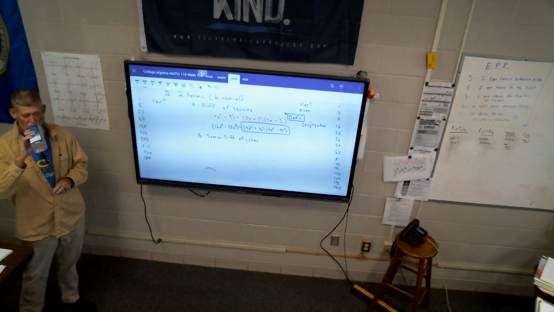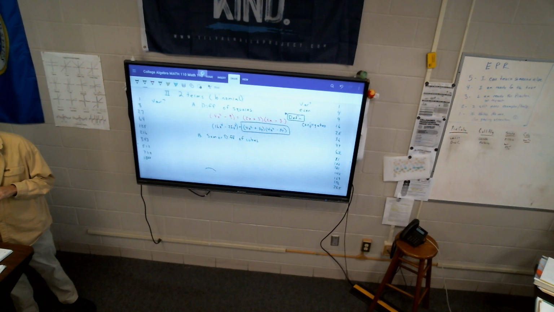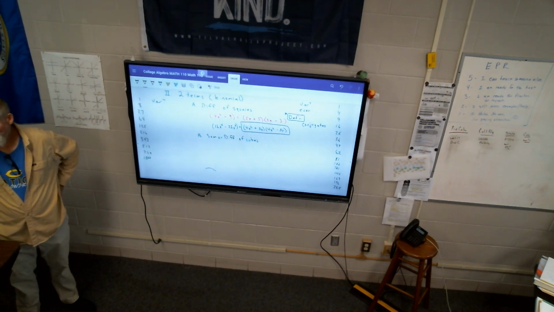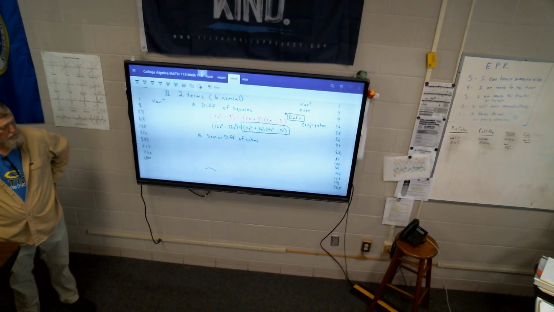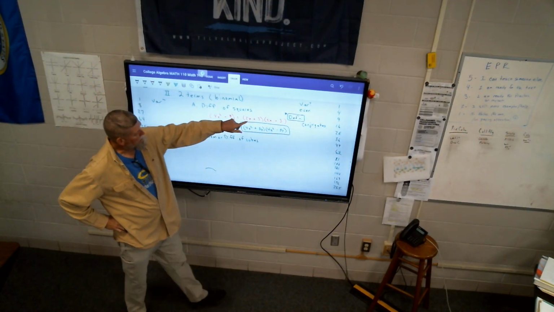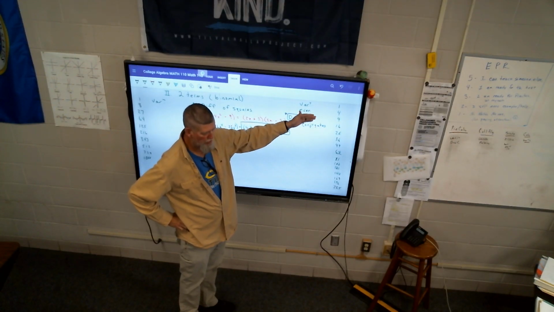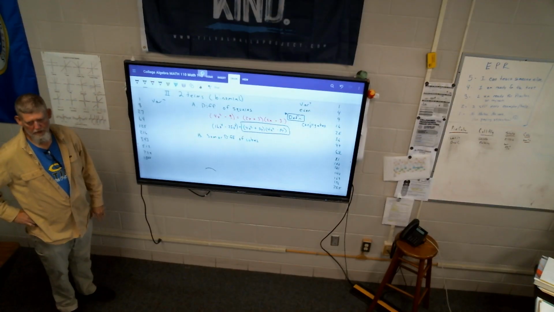It's not even. Any idea? So the variable in a perfect square has to be even, like x squared, x to the fourth, x to the sixth. Those are all perfect squares. What does the variable have to be if it's cubed?